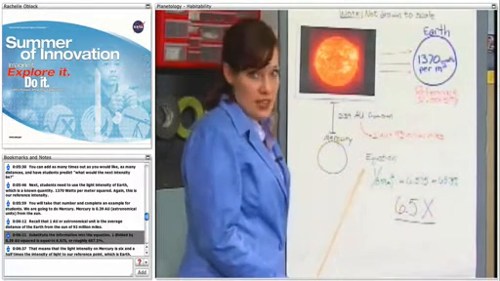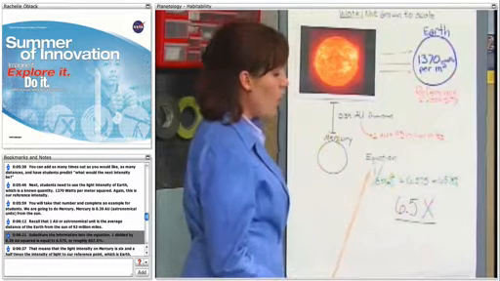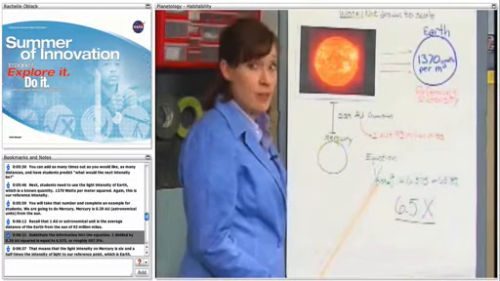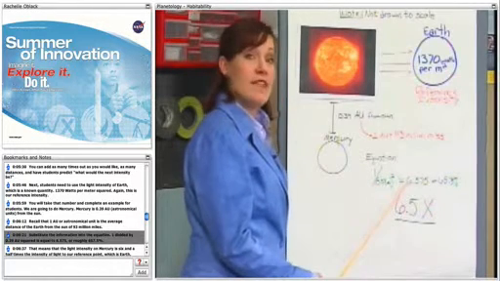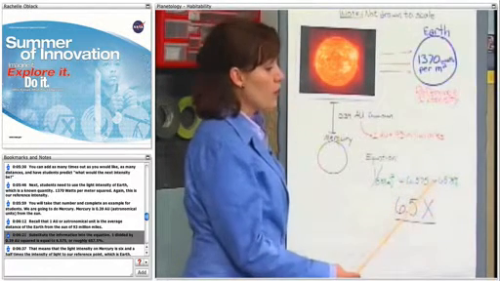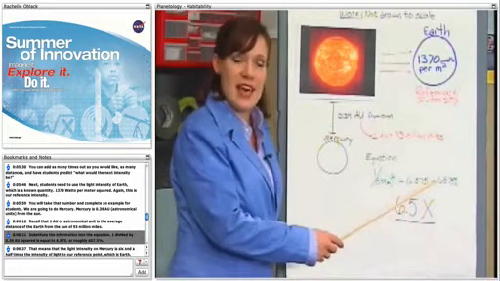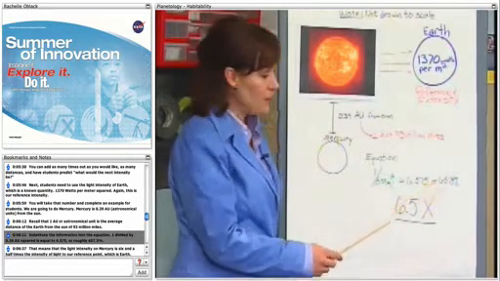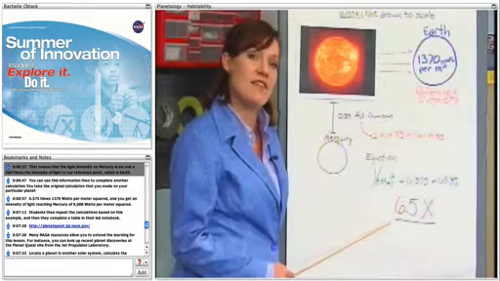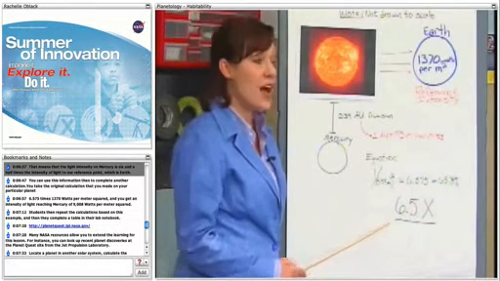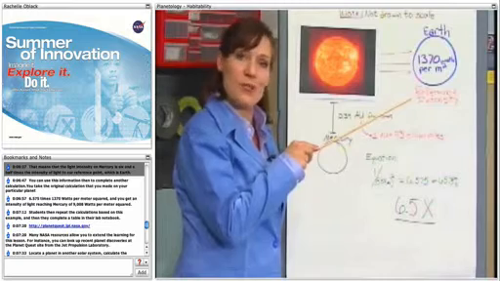Substitute the information into the equation. 1 divided by 0.39 squared is equal to 6.575, or roughly 657.5%. That means that the light intensity on Mercury is 6.5 times the intensity of light at our reference point, which is Earth.